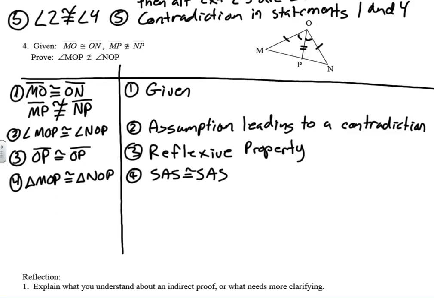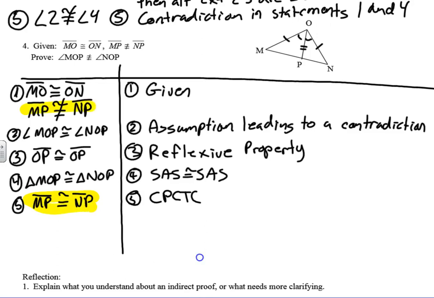Well, if those two triangles are congruent, then what we would then be able to say is that MP is congruent to NP because corresponding parts of congruent triangles are congruent. And what did we just do?